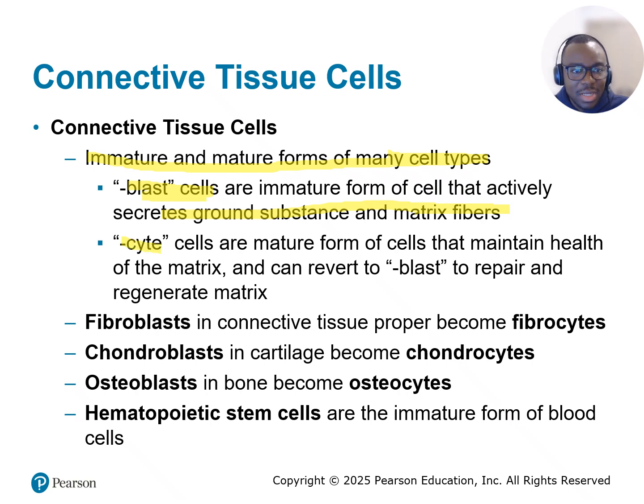Cyte cells are mature cells, and their role is to maintain the matrix. Examples: fibroblasts in connective tissue proper become fibrocytes. Chondroblasts in cartilage become chondrocytes. Osteoblasts in bone tissue become osteocytes.